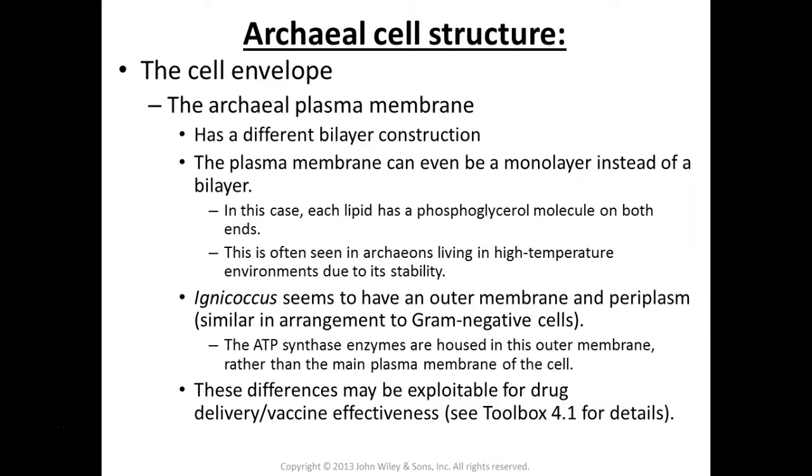And so these differences, if you read the toolbox in chapter 4, they're using this to help develop drug delivery systems and vaccination systems, these different membranes and how they respond differently in the environment of our body. They actually will stay together instead of fall apart.